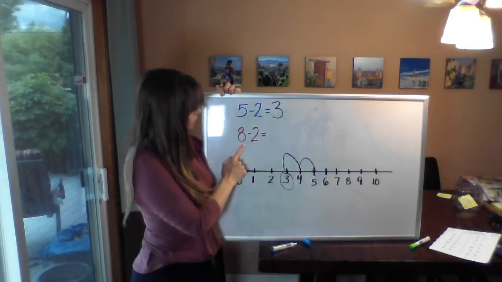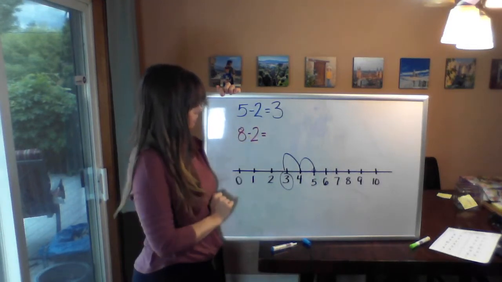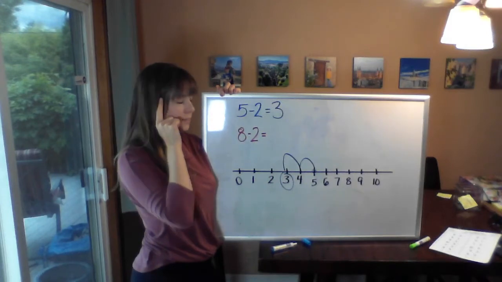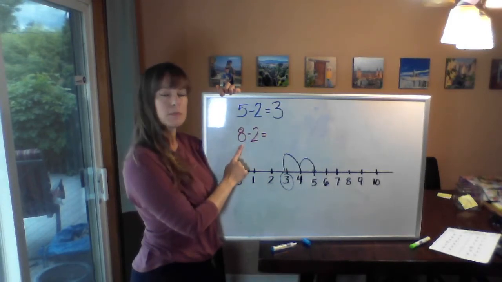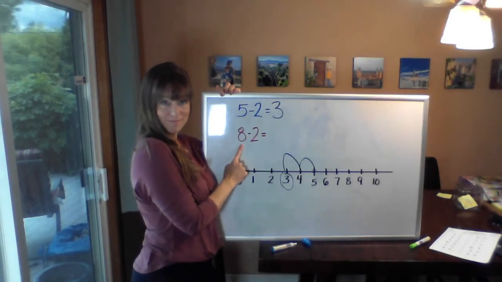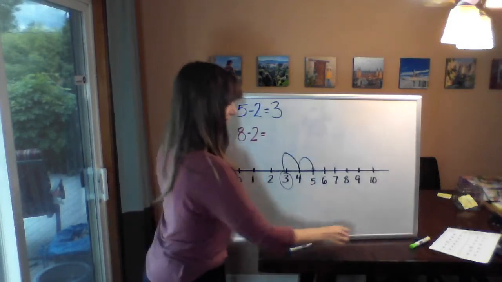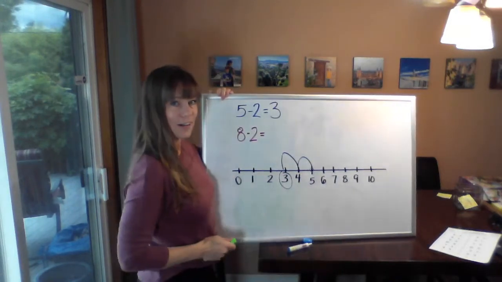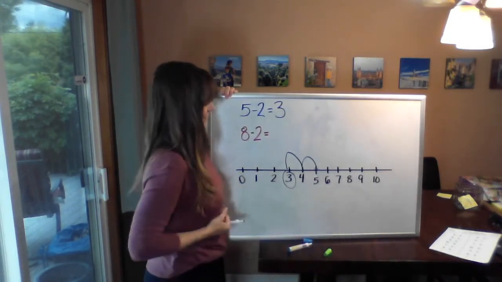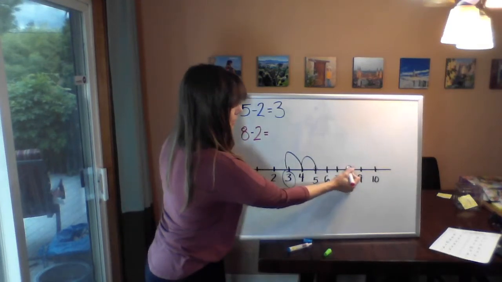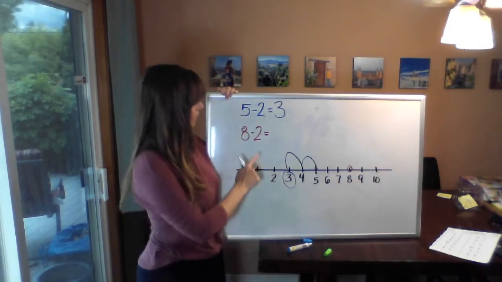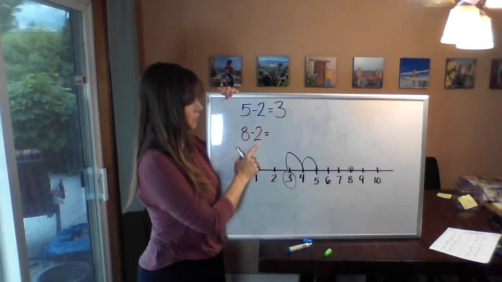Okay? Now we're going to check out our next equation. I want you to think about it in your brain. Where do I want to start? What's my whole number that I need to start on? I'm going to start on number 8. Is that what you were thinking? I put my little dot on number 8, so I know to start there. And then I'm going to take away 2 again.